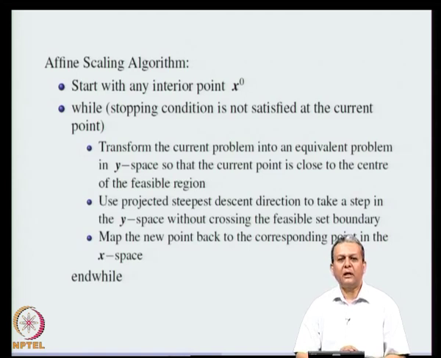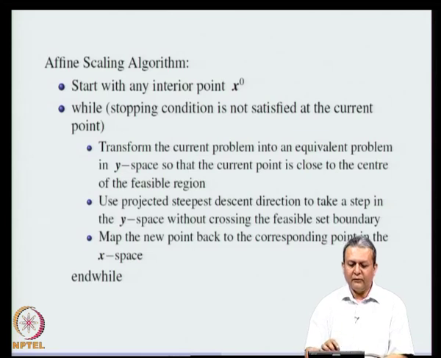So, that stopping criterion was easy to check. Now, here since we are not talking about vertices in this algorithm, we need to find some condition which could be satisfied at optimality.